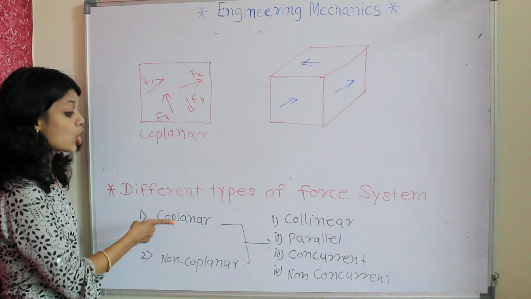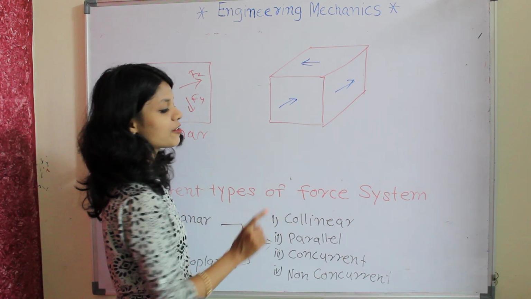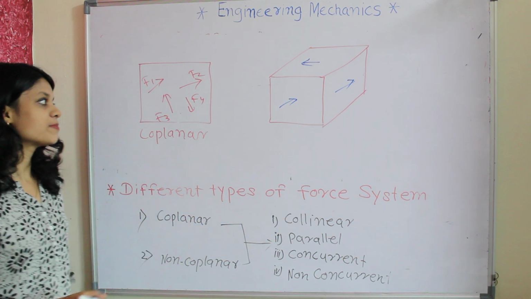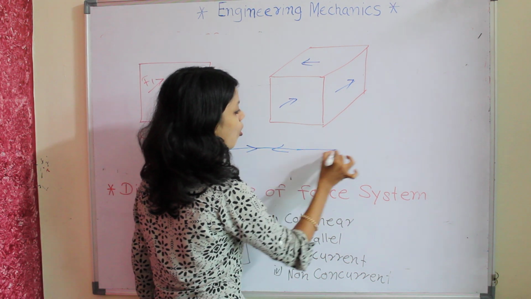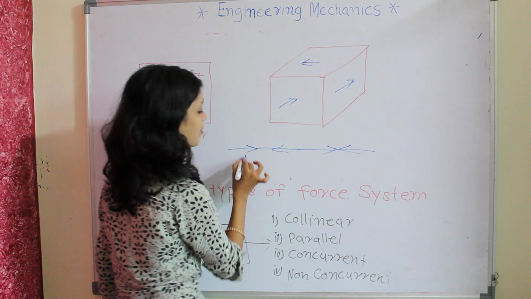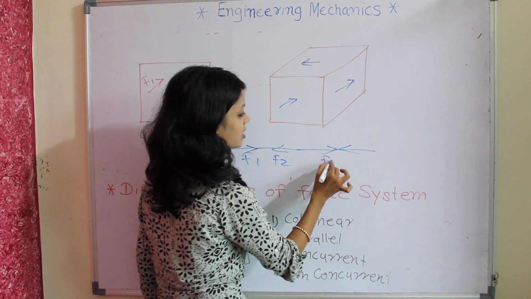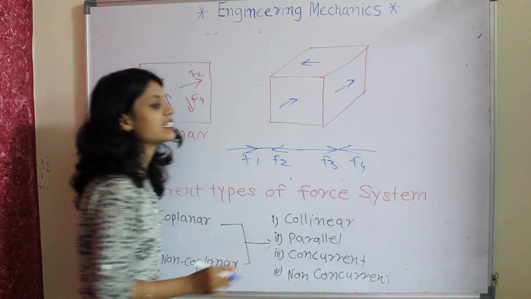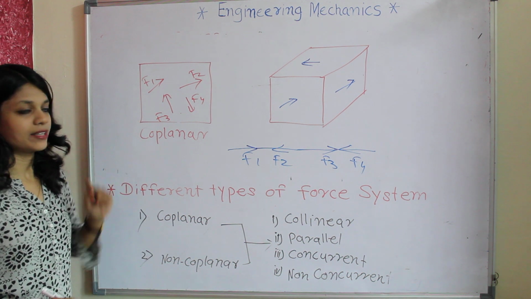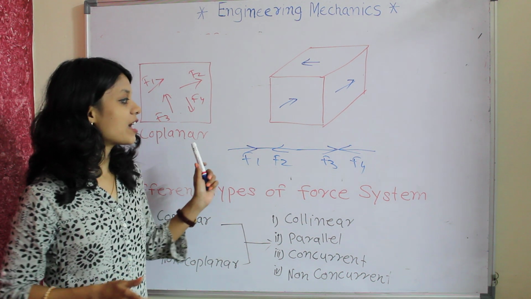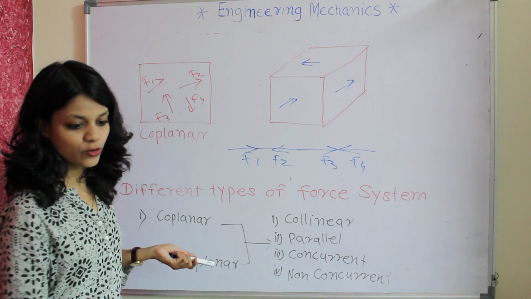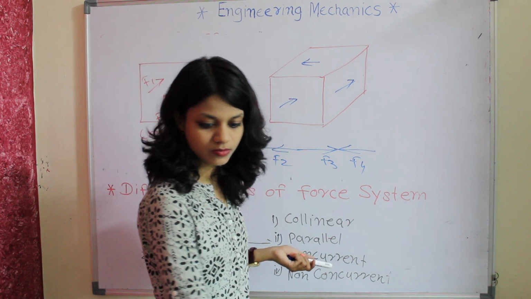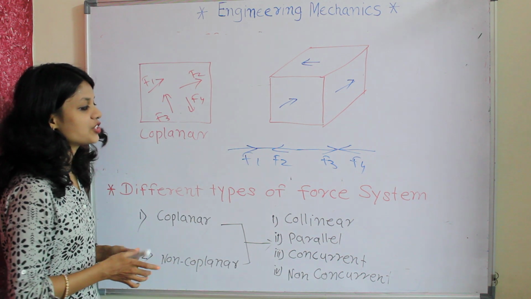Next are coplanar, collinear forces. Collinear forces means the lines of action of all forces F1, F2, F3, F4 lie in the same line. If the line of action of all forces is the same, then they are called collinear forces.